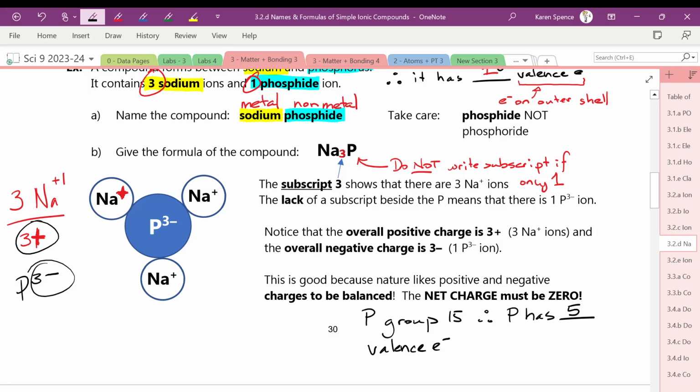Our total negative charge is 3 minus. And the net charge is how much? 3 positive, 3 negative, the net charge is 0. Sometimes my pen does crazy things. That was supposed to be a single line. Net charge is 0. All compounds, the net charge should be 0.